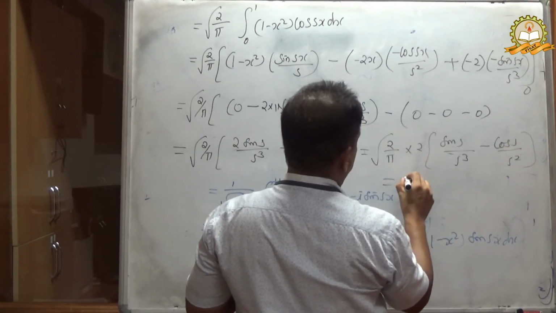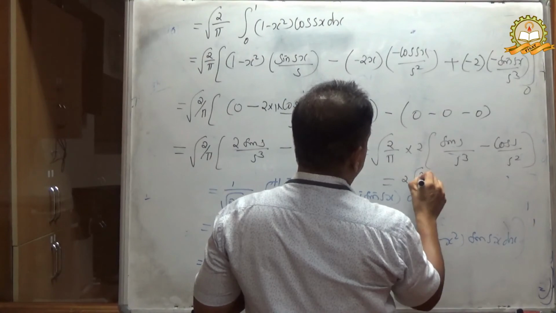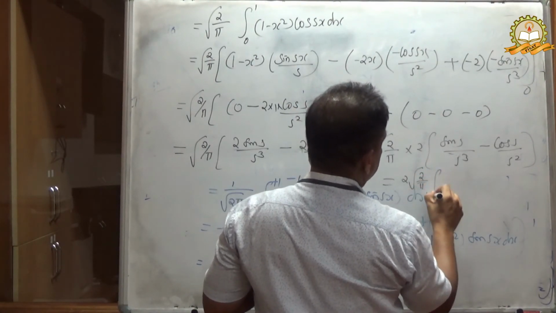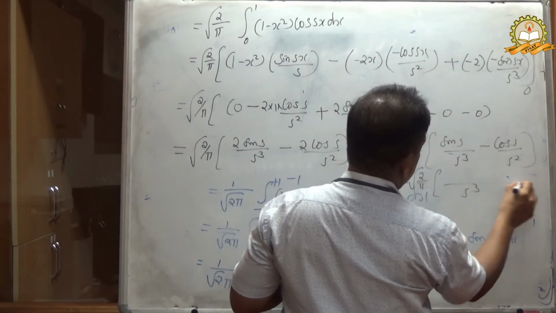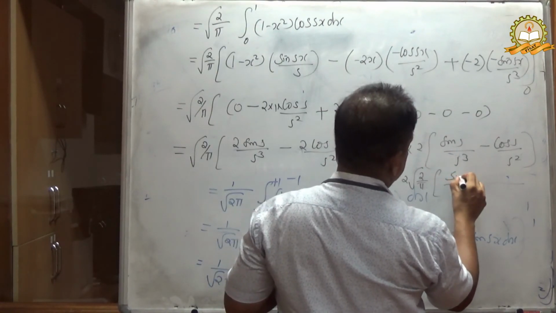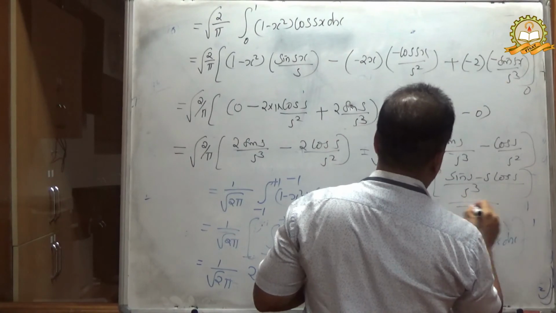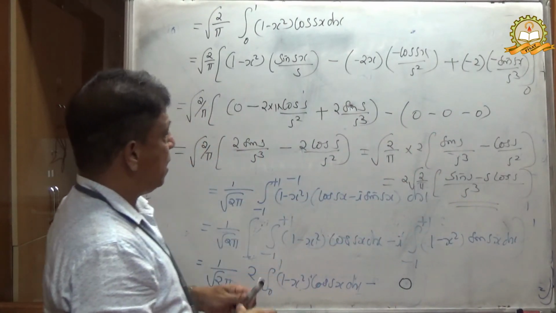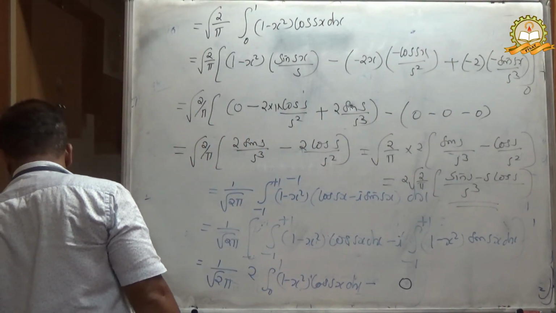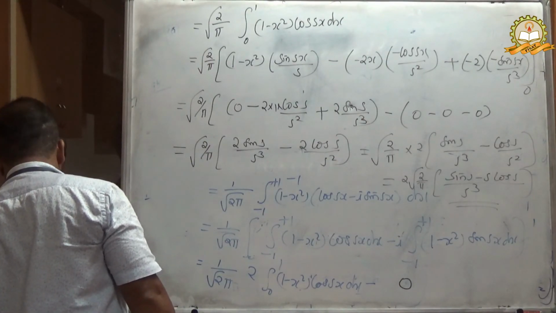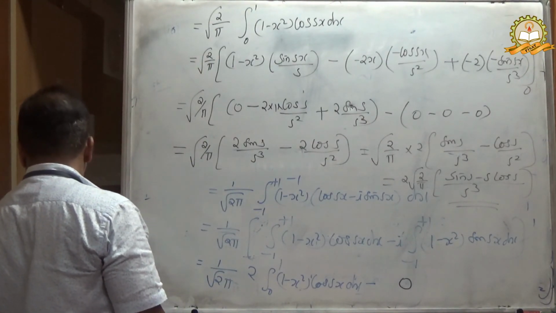Again we can simplify with s cube taken as LCM, therefore sin s minus s cos s. So our final result will be 2 into root of 2 by pi, sin s minus s cos s by s cube.